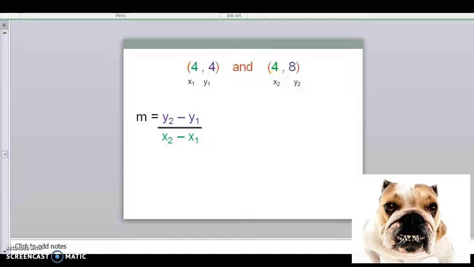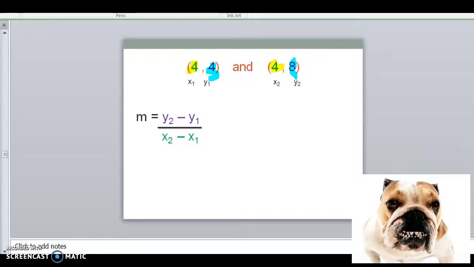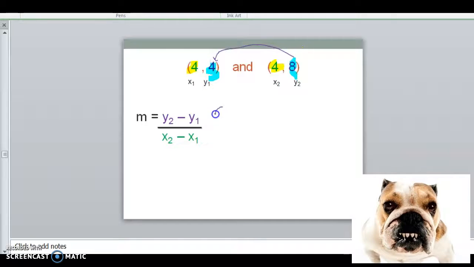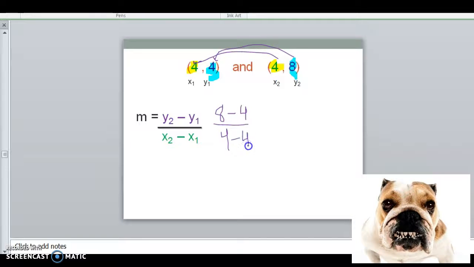Now in contrast with that, let's look at this problem here. I'm going to highlight my x, highlight my y, y2 minus y1, which is 8 minus 4, over x2 minus x1, which is 4 minus 4. 8 minus 4 is 4. 4 minus 4 is 0.